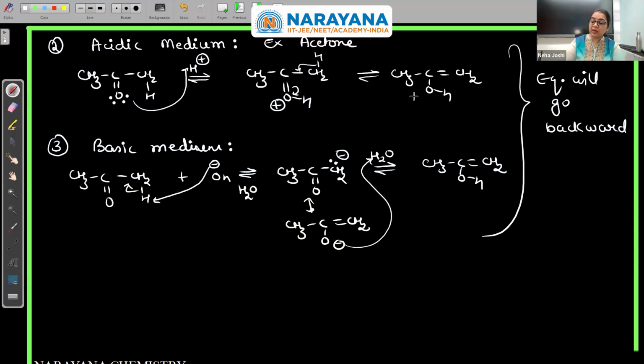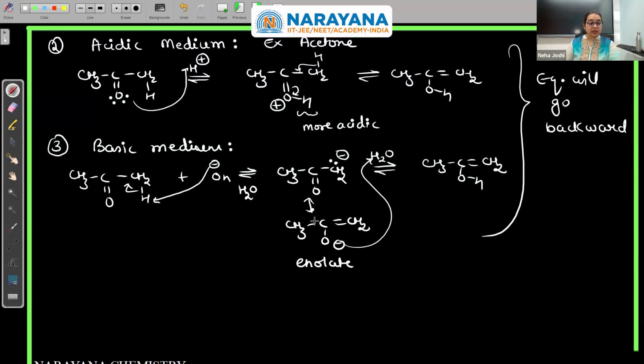Why here? Because see, again, if I compare O attached H and C attached H, which is more acidic, this is more acidic, right? So it will go backward. Here it can slide down to forward or backward. So OH is more acidic, it will go backward. If here I talk of an intermediate enolate, then I'll say C minus is more basic.